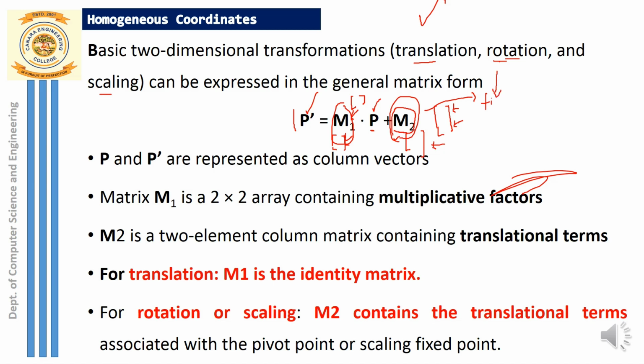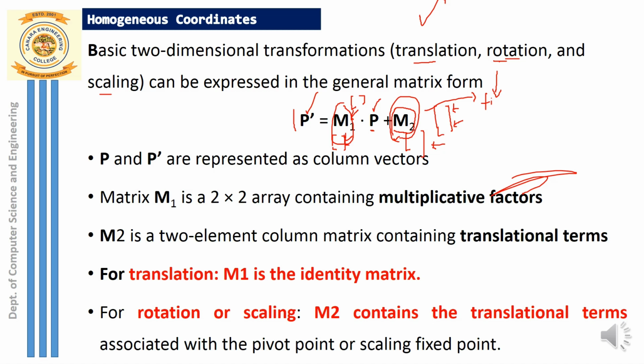It is the pivot point that you consider here for M2. If it is a scaling type of transformation, the matrix M2 would contain the scaling fixed point about which you want to scale. So this is a general equation which can be considered for all three types of transformation.